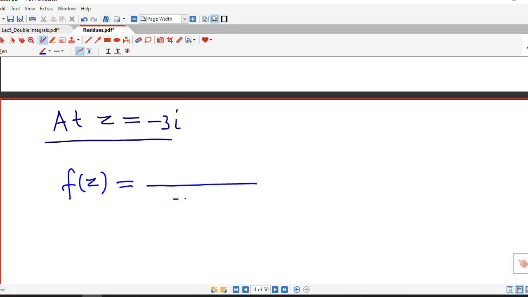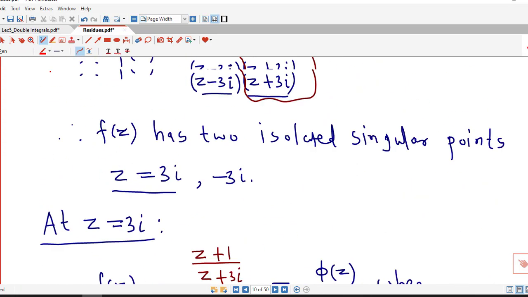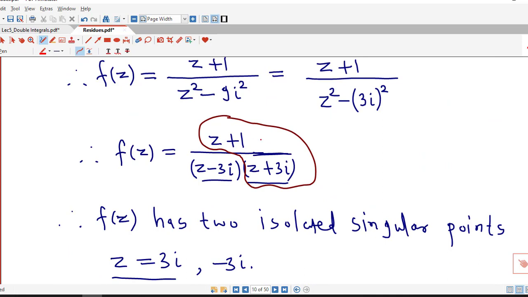We write z plus 3i in the denominator, and we consider z plus 1 over z minus 3i in the numerator.